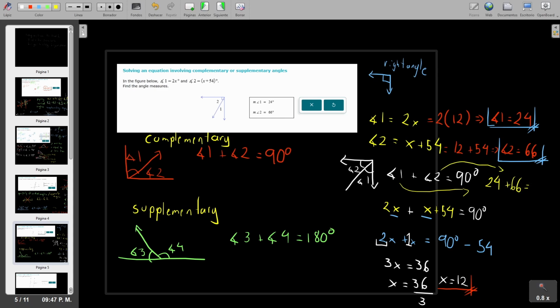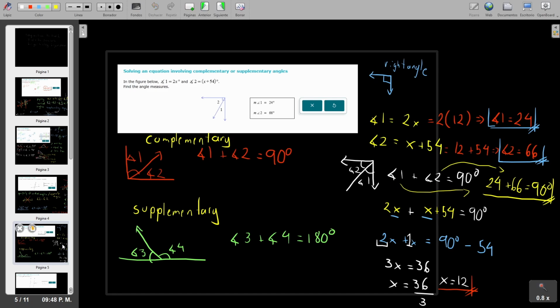And doing this addition, it is going to be, that is correct, 90 degrees, which means that this is correct, because remember the sum of these two angles is going to be 90 degrees. Okay, we go to the next one.